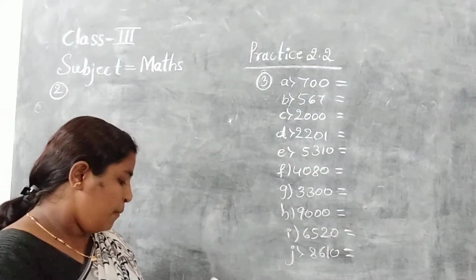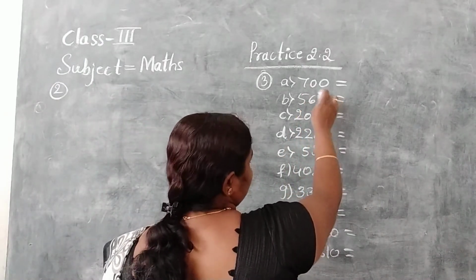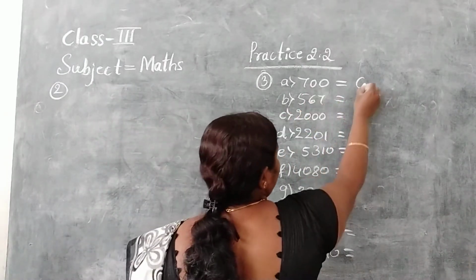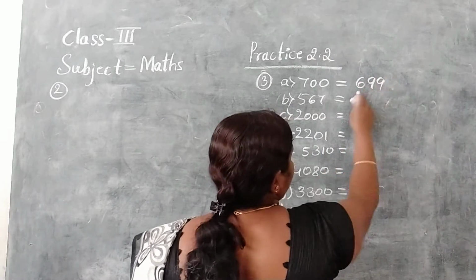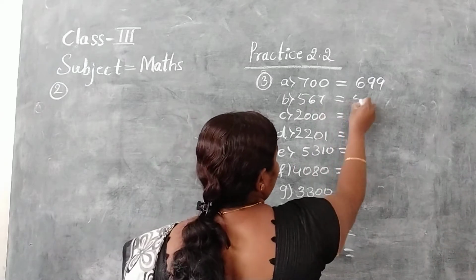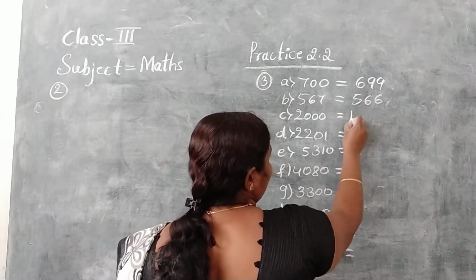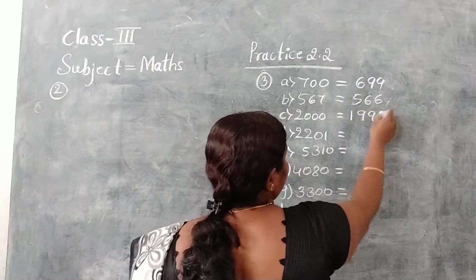Third question, predecessor. Minus 1 if we do: 700, before that, 699. 567, 566. 2000, before that, 1999.